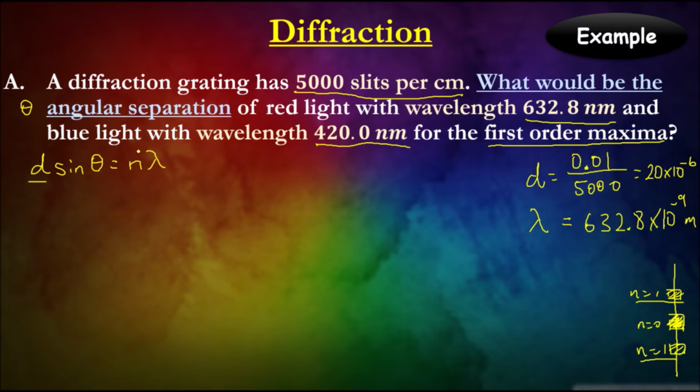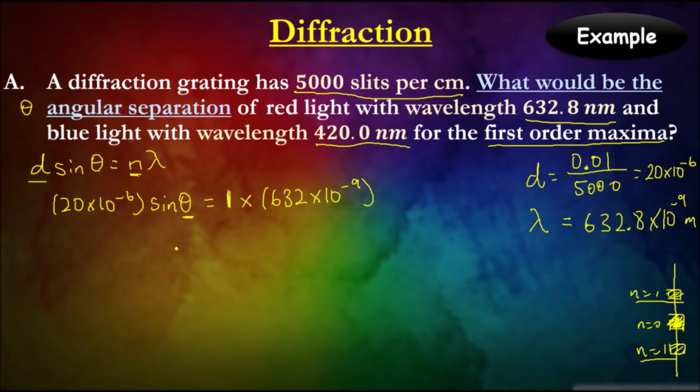From there, we can then use the formula to calculate that. So the maxima is 1. I do that calculation: 20 times 10 to the power of -6, sine theta, theta being the angular separation we're trying to find, n is 1 because that's the first maxima. Then we use the wavelength. I'm going to use the red light first, and then we can follow with the same substitution with blue light.